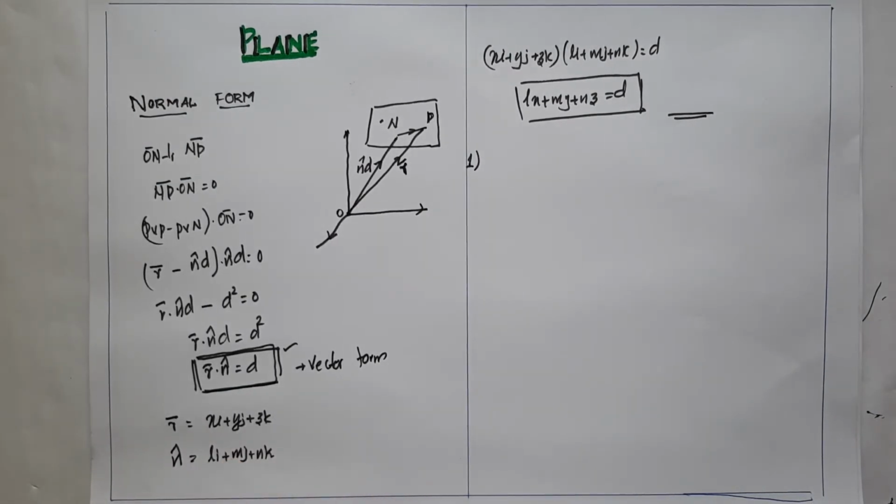Our first question is, find the vector equation of the plane which is at a distance of 7 units from the origin and normal to the vector 3i plus 5j minus 6k.